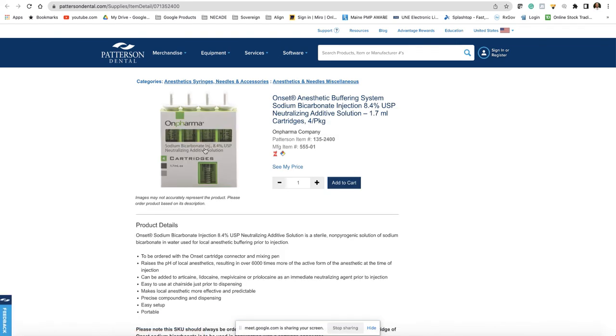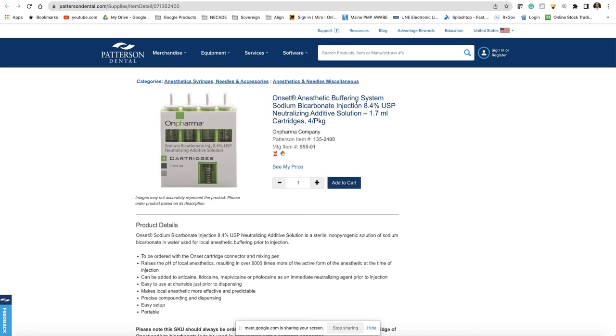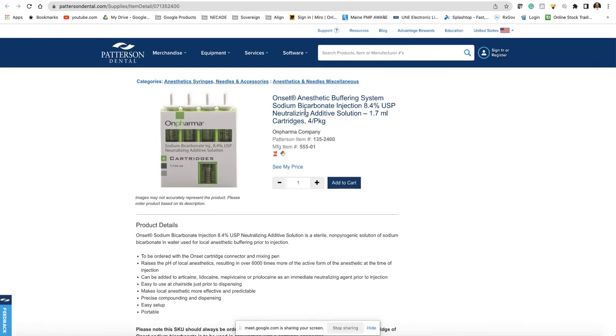Have you guys ever heard of Onpharma? No. This is called Onset. It's an anesthetic buffering system with sodium bicarbonate. Essentially, this company took cartridges very similar to dental carpules, and they have a machine that mixes the sodium bicarbonate with the local anesthetic in a very controlled way.